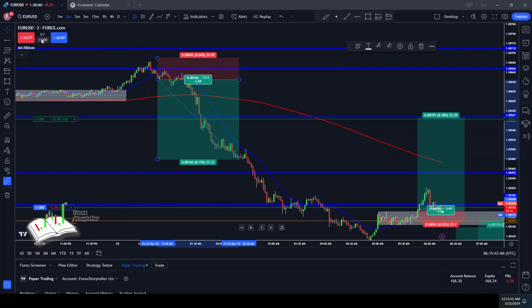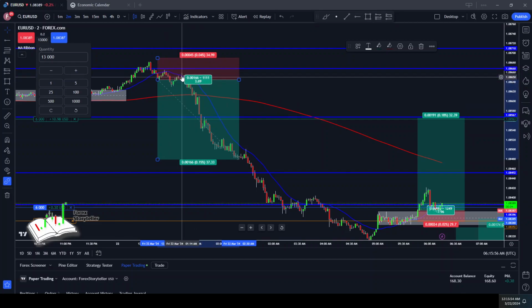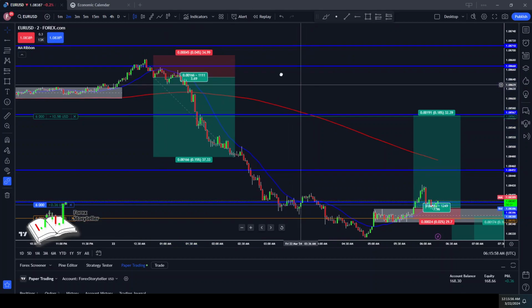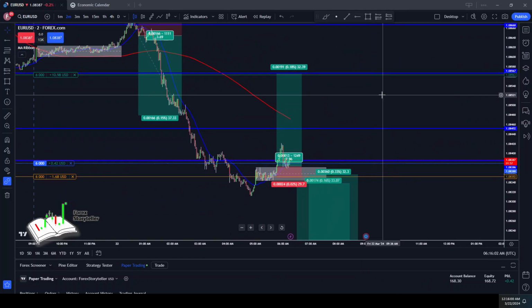The only thing to keep in mind is once you start getting larger, like for example, if you were to get up near one lot or 1.5 lot, you may have a little bit of slippage. So you may want to try to stick to something such as the London or the New York session.